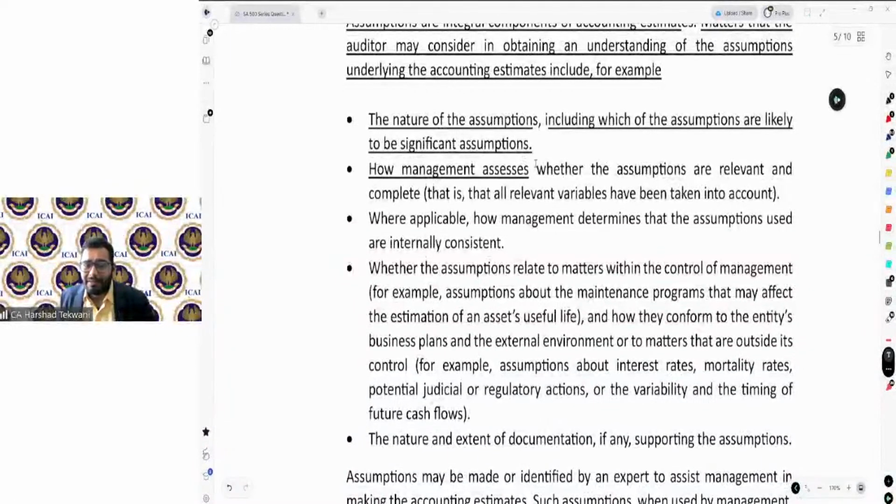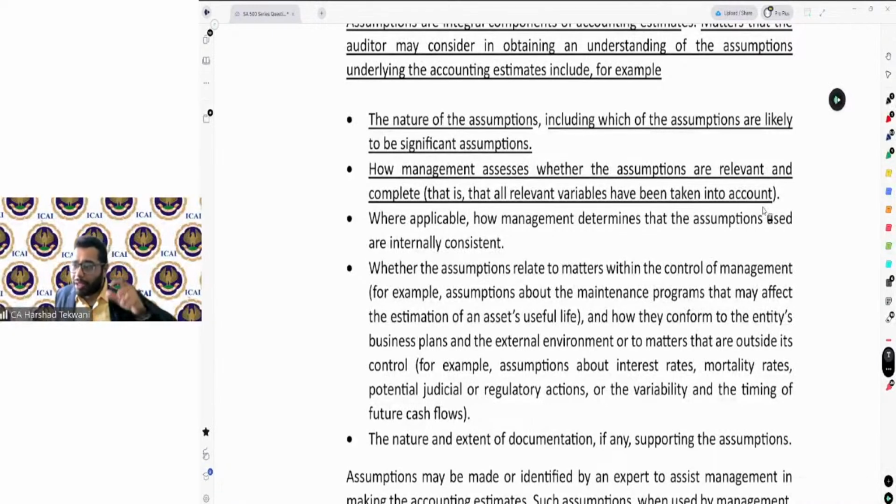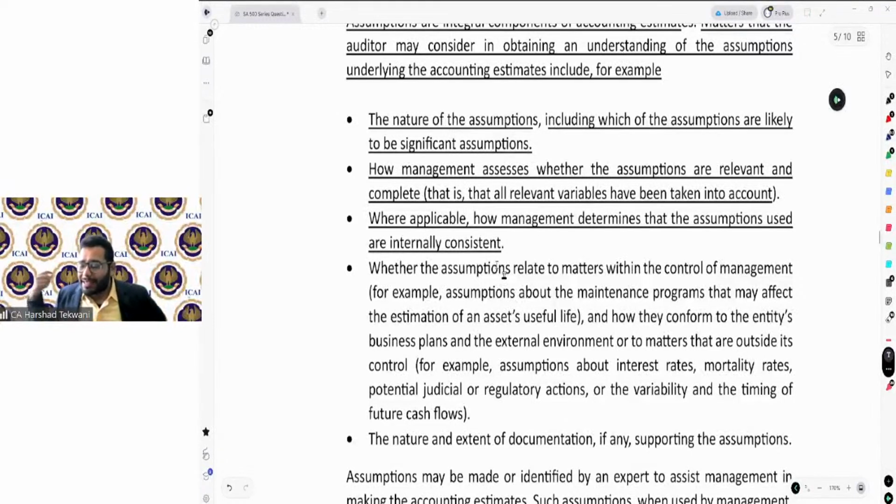How management assesses whether the assumptions are relevant and complete, that is, all the relevant variables have been taken into account. Where applicable, how management determines that the assumptions used are internally consistent with other assumptions used in similar account classes or similar processes. Whether the assumptions relate to matters within the control of management.